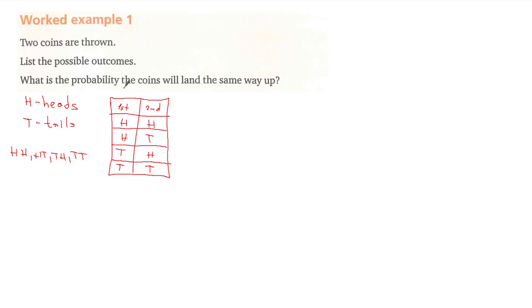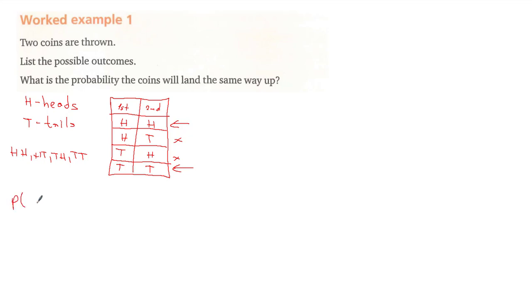What is the probability the coins will land the same way up? All right, we can see directly from the table that this is one possible outcome because we have two heads. This is not, because we have one head and one tail, so it's not the same way up. This one is also not, and then this one is.